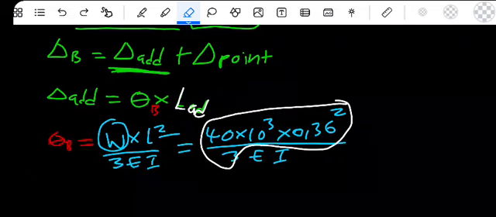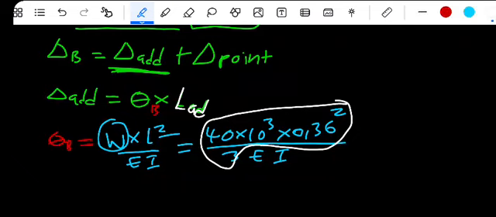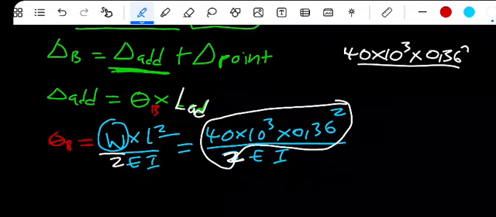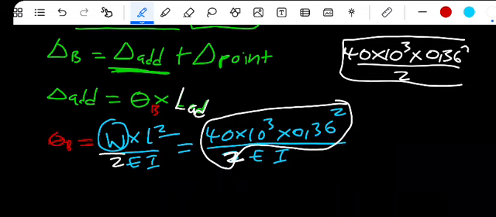So you simply take your calculator, punch 40 times 10 to the power 3 multiplied by 0.36 squared, divide by 2 like this. Obviously at the bottom we are still left with EI.